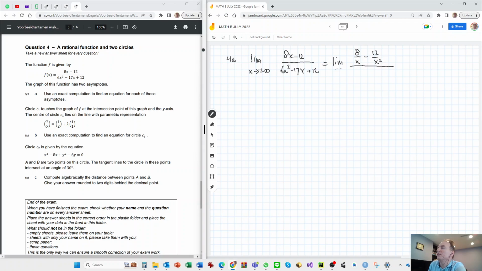It's perfectly fine to do this division because x is non-zero. 6 minus 17 divided by x, and then the 12 divided by x squared.